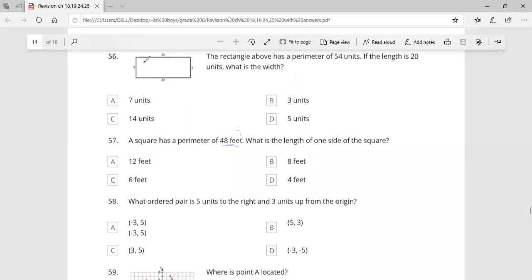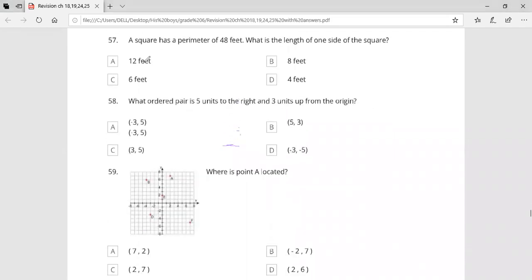The next one, what is the ordered pair? Ordered pair, you know that the first is X and the second is Y. What ordered pair is 5 units to the right? This means positive. Here is the coordinate plane: right, left, and up, and here is down, like this.